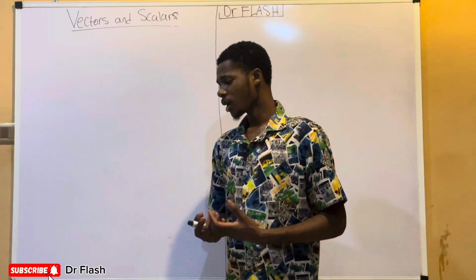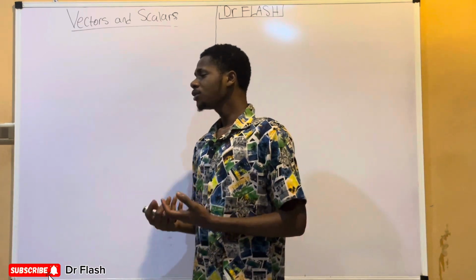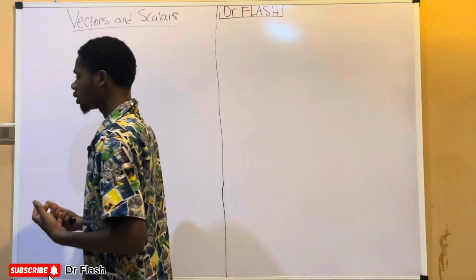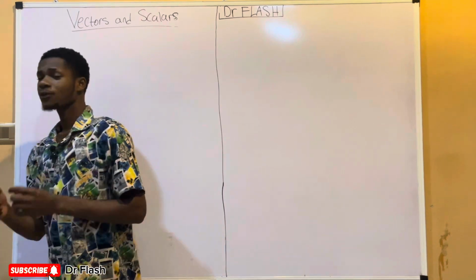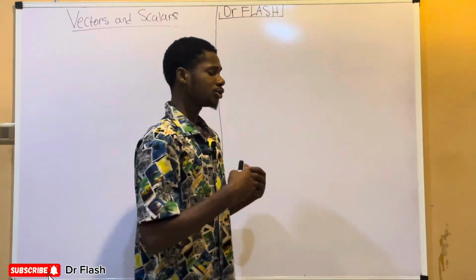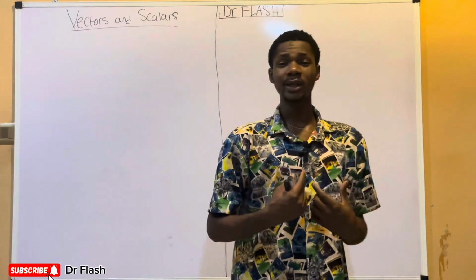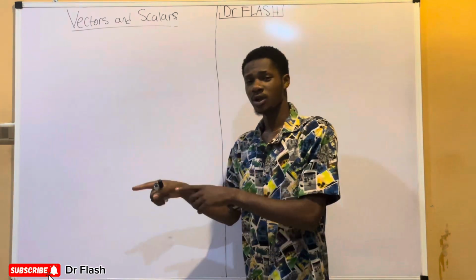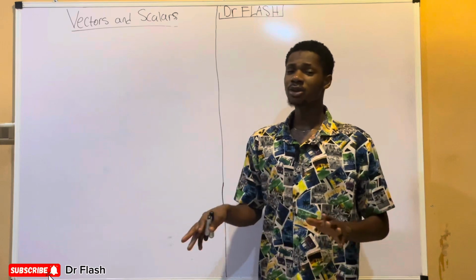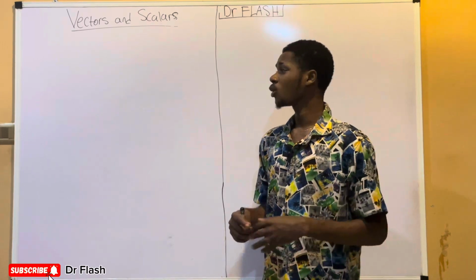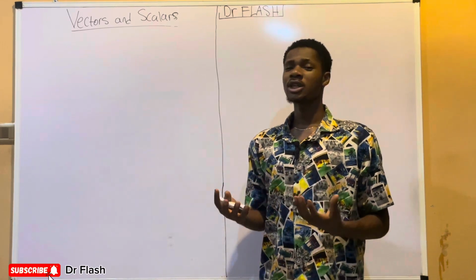What if I told you that the object moves with a velocity of 20 miles per hour due east? Now that I have included a direction, I can say that the object is moving with a velocity. But since I did not include direction in the first, it is only moving with a speed.